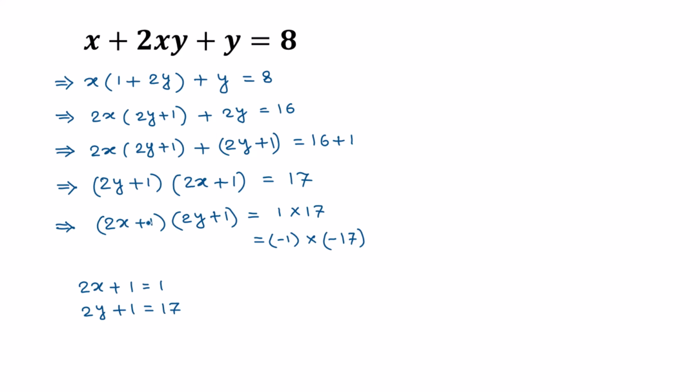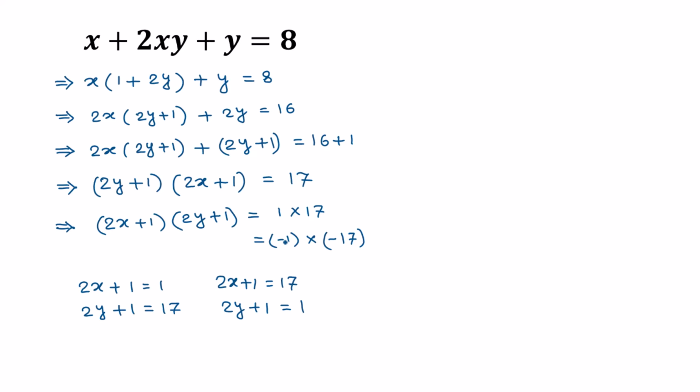Similarly, 2x + 1 can be 17 and 2y + 1 can be 1.